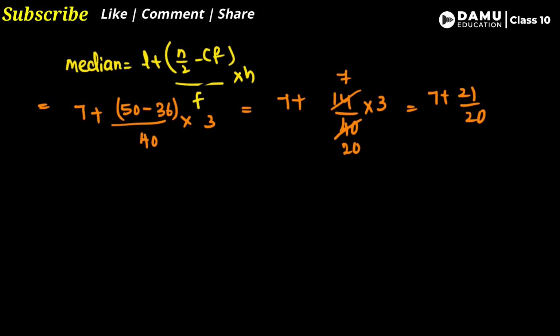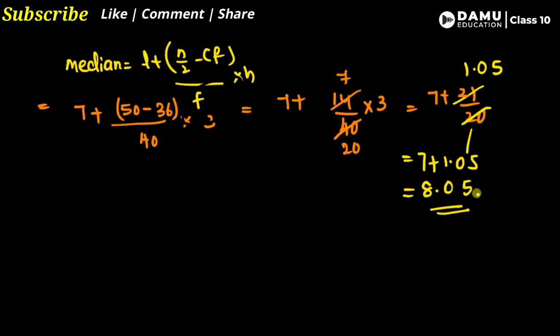Dividing 21 by 20, we get 1.05. So 7 plus 1.05 is 8.05, the number of letters. So this is the median value: median is equal to 8.05.